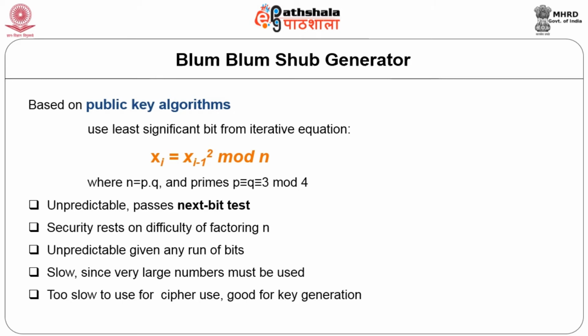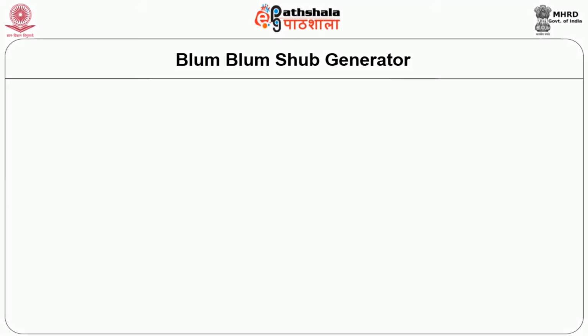It is too slow to use for ciphers, and is only good for key generation. For you, the example is on the board. We have taken n to be 192649, a large number which is the multiplication of 383 and 503. We have fed a seed of 101355.